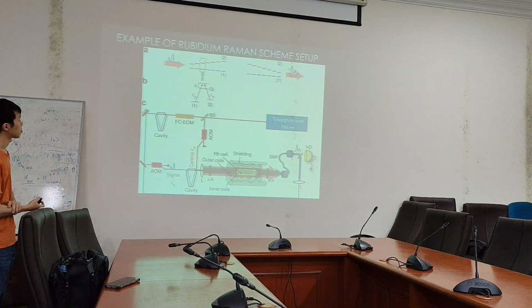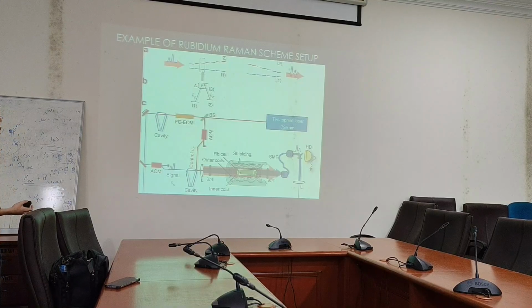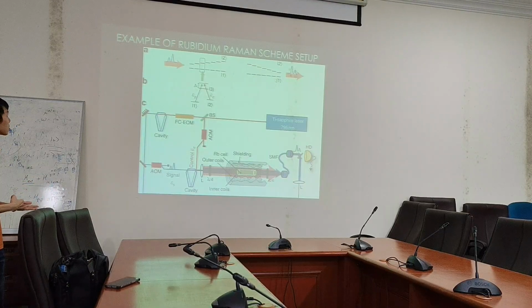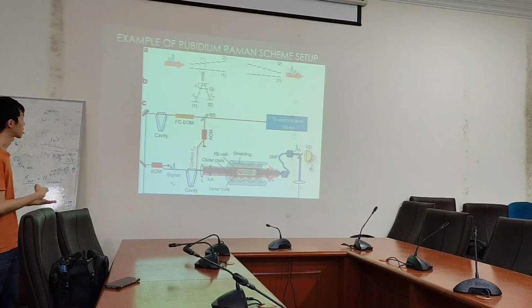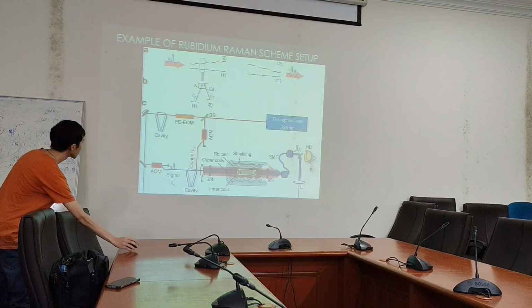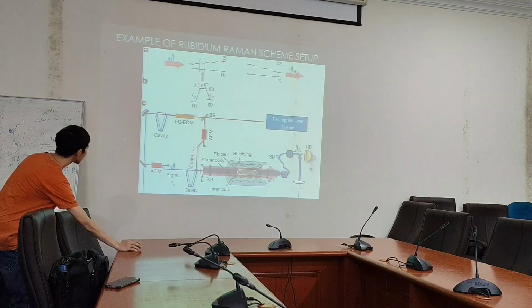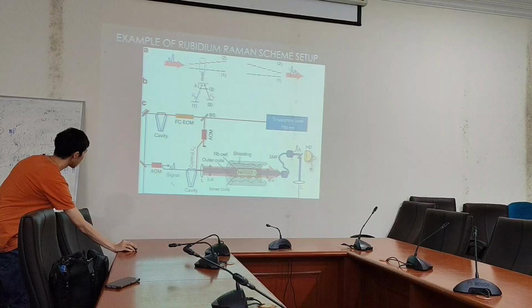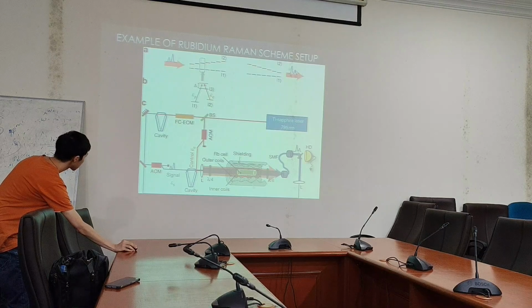This is an example rubidium Raman scheme setup. The first one is arranged in Zeeman magnetic states. This is the rubidium cell, with the gas inside here, and then a shield.